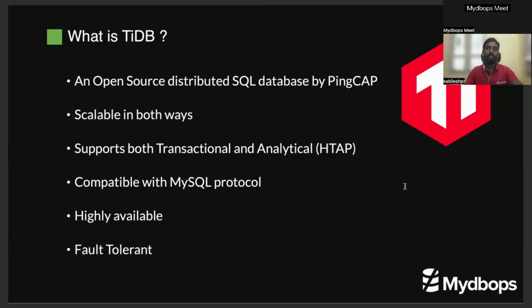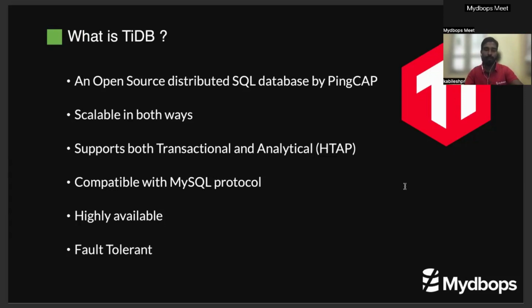And it is an HTAP database. They call it HTAP because it supports both transactional as well as analytical workloads. It is directly wire compatible with MySQL 5.7. Coming to the recent version, TiDB 7.4, with MySQL 8 features: MySQL 5.7 is end of life by October 23.